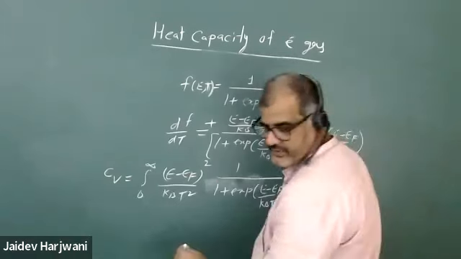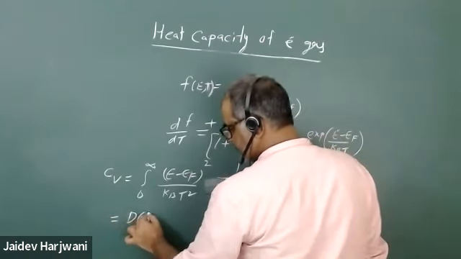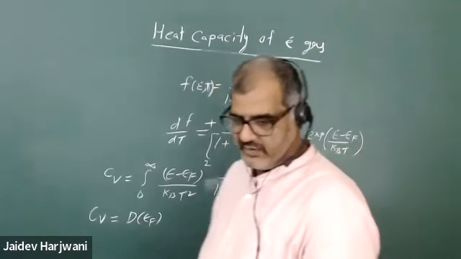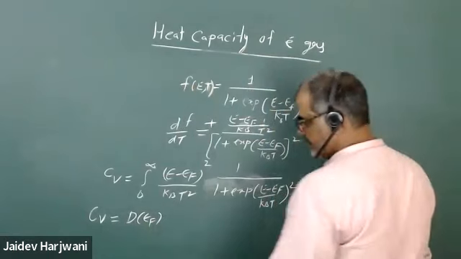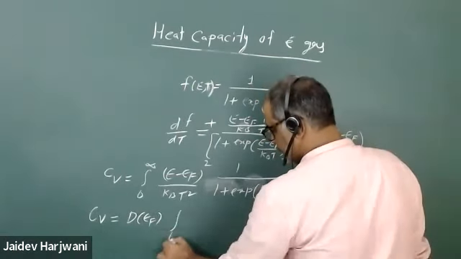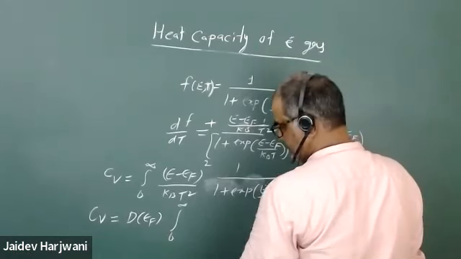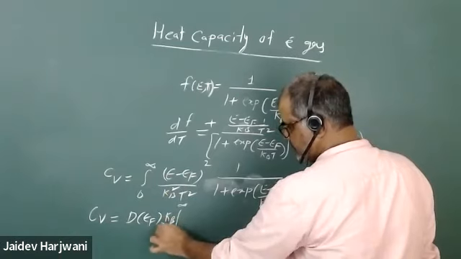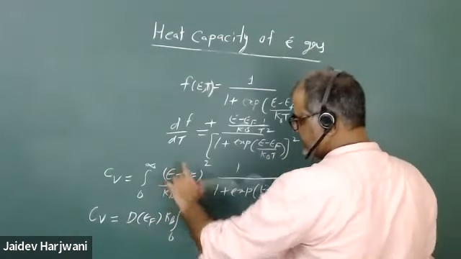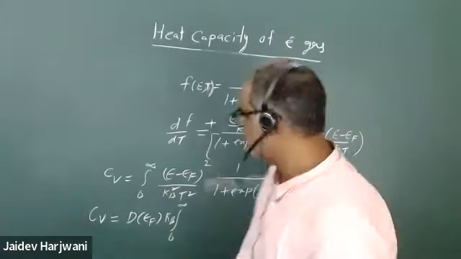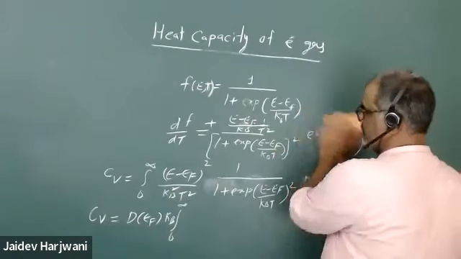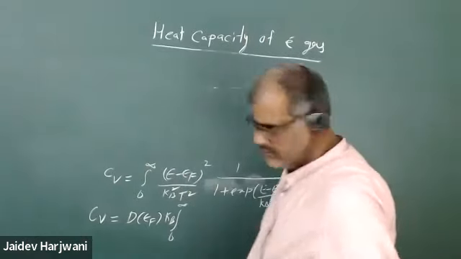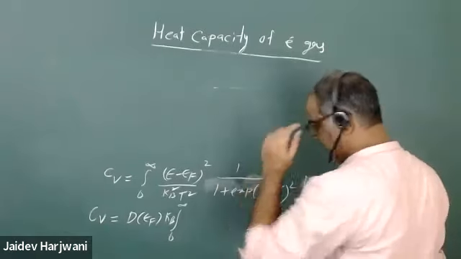Now I can bring this density of states function outside because I'm using only states near the Fermi level. I'm multiplying here by k_B, so one k_B will come out, and I'm putting this value as x. Just simplify this integration by substitution.